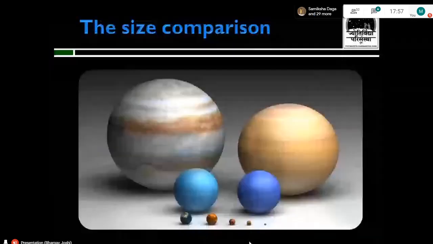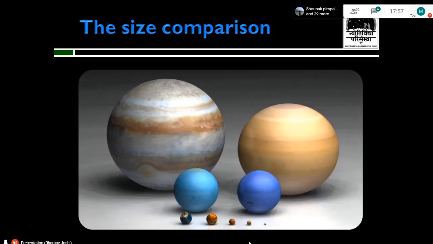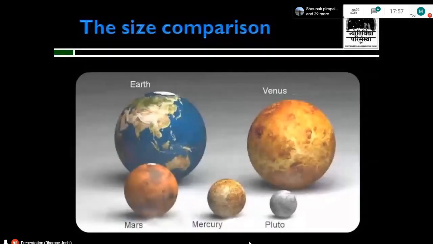And now if you see, this is a size comparison. Literally the outer planets, the gas giants, are so much bigger than the interior planets. Jupiter and Saturn are the largest, and you have Uranus and Neptune. This is the size comparison of the inner planets. You can see Earth and Venus are almost the same size, which is why they are also called twins.